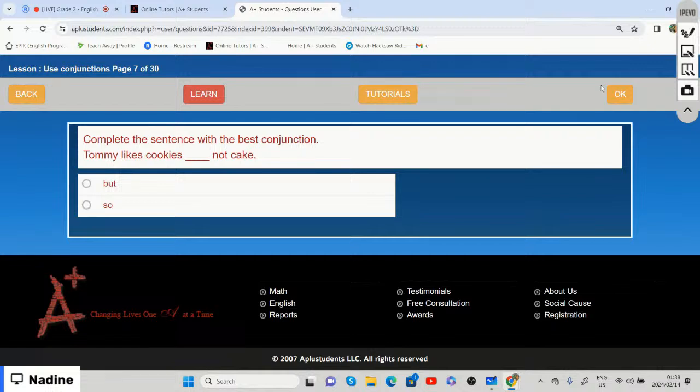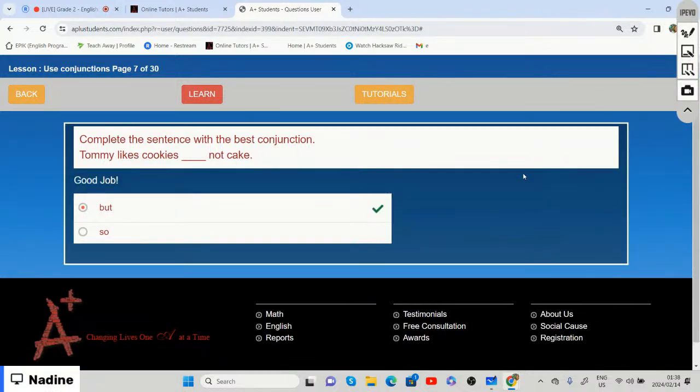Or do you say Tommy likes cookies, so not cake? And if you choose the correct base conjunction, we will say, but Tommy does not like cake. So well done. Yes, but is correct.